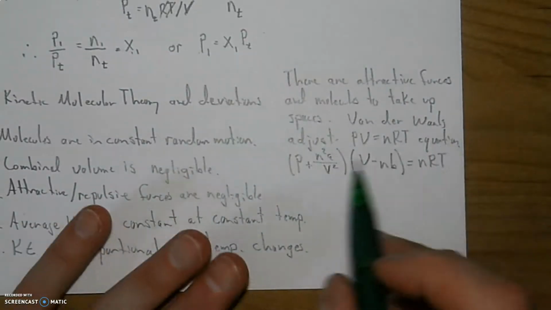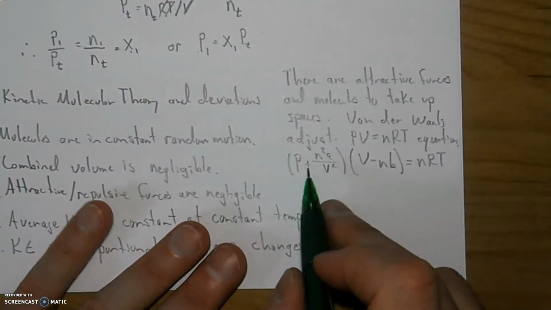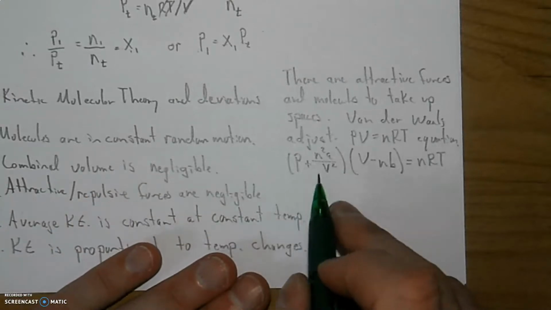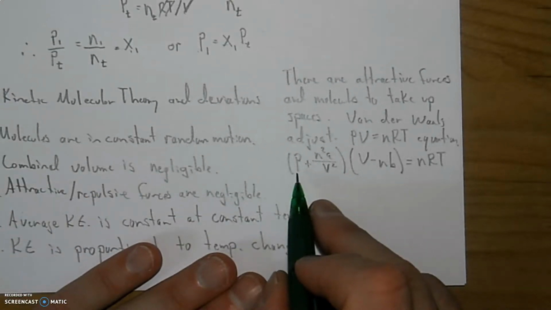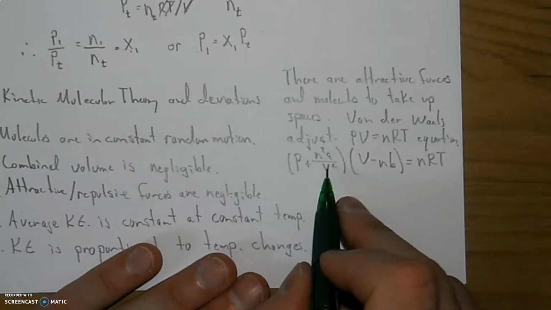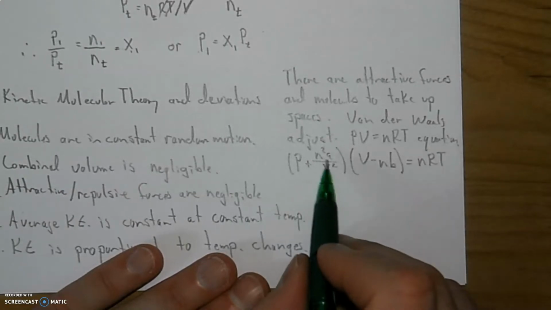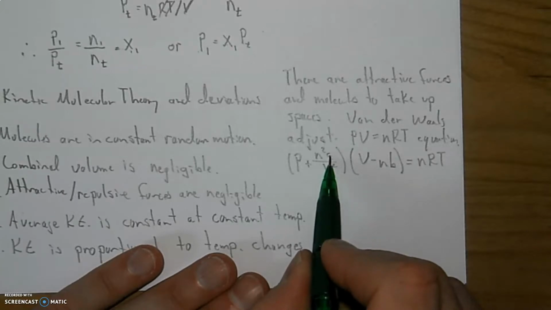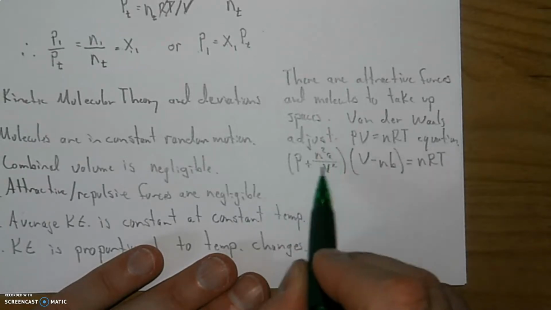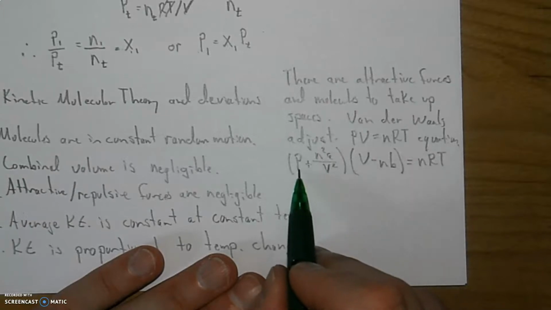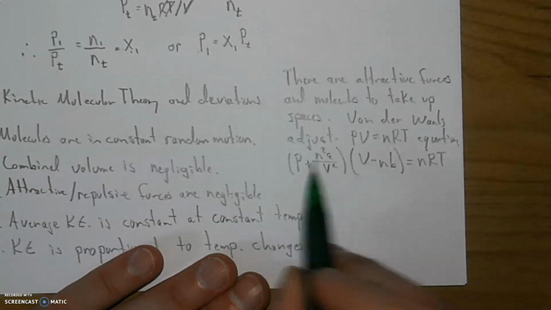Understanding that pressures will normally be lower because of the attractive forces. Particles are actually attracted to each other. So therefore, the pressure you observe is going to be too low. So for a particular gas A, we add in a correction value that raises the pressure value back up to where it should be.